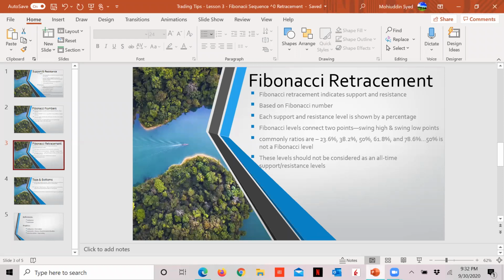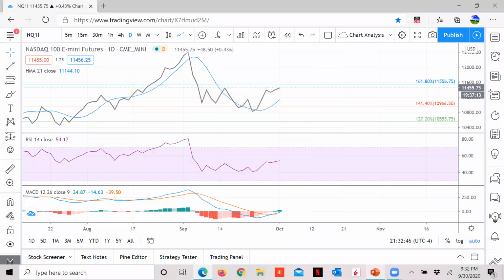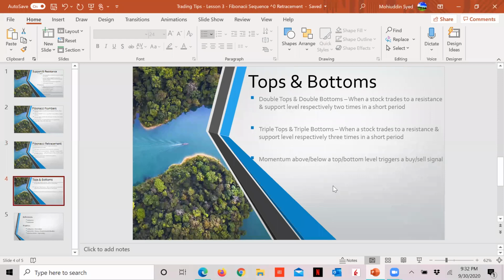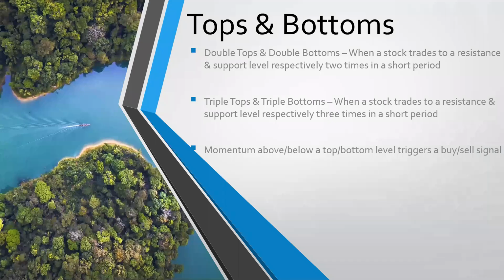All right, so we have 7 more minutes. So let me jump to the tops and bottoms. What's the importance of this? If there is a double top or double bottom, when the stock or security trades to a resistance or support level 2 times in a short period, or 3 times for triple tops and triple bottoms, that gives us a good signal.